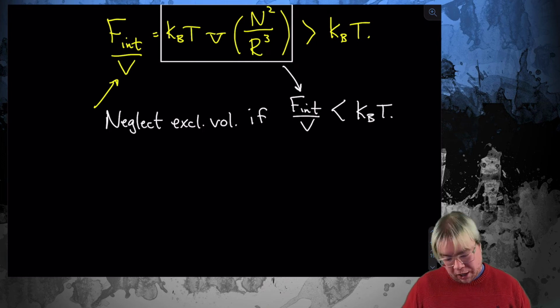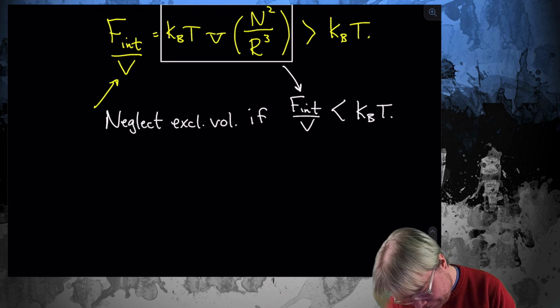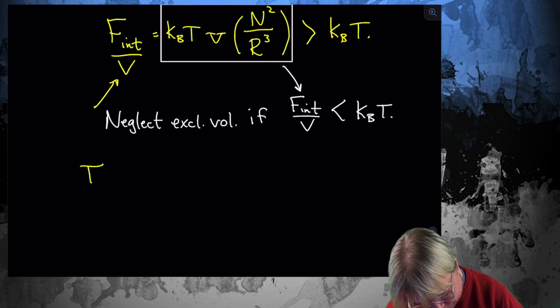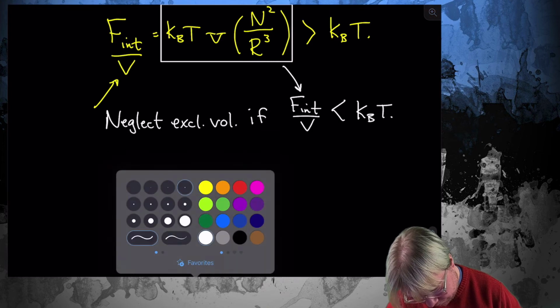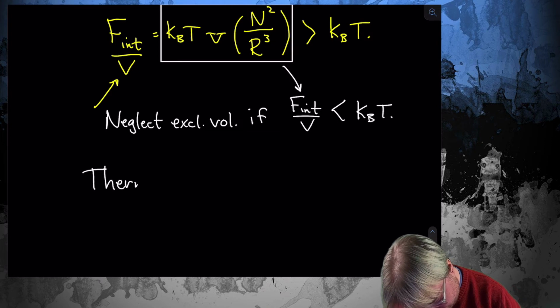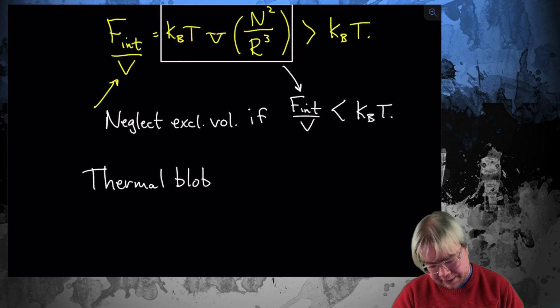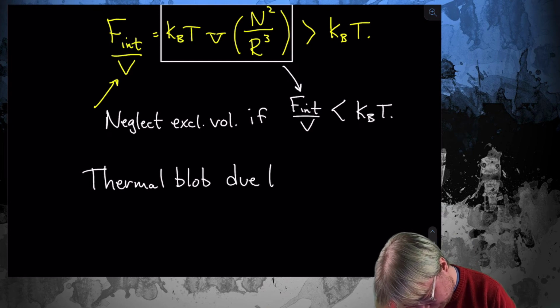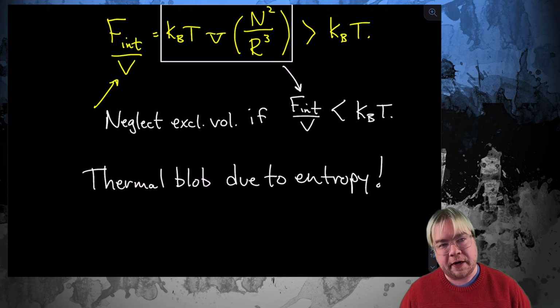Well, if that thermal blob has a free energy of about kBT, then I can ignore the interaction term. So the thermal blob only has a size that's due to entropy. All right, that's fine.